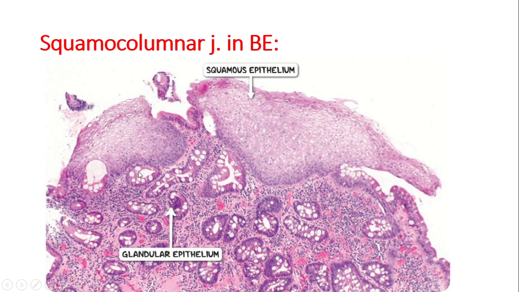These cells with large vacuoles are goblet cells. These cells are more resistant than the squamous epithelium to gastric acid. It is a long-standing complication in patients with reflux disease or reflux esophagitis.